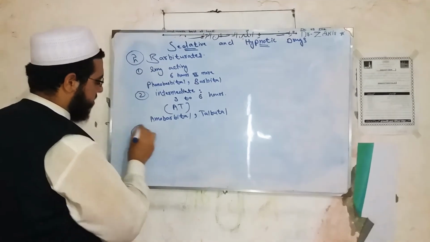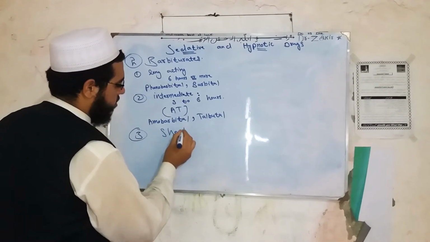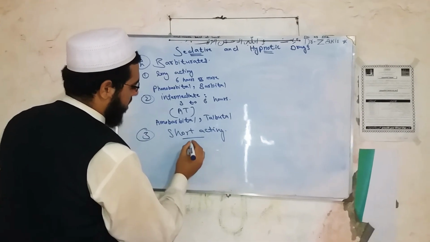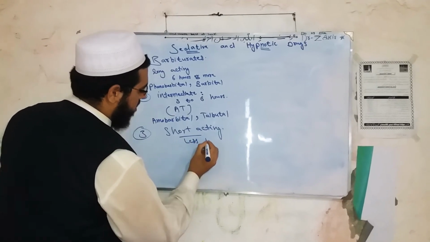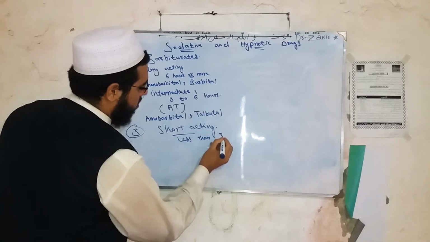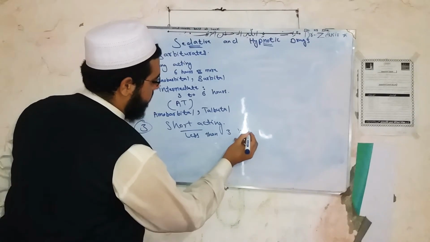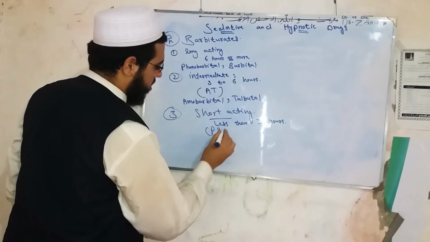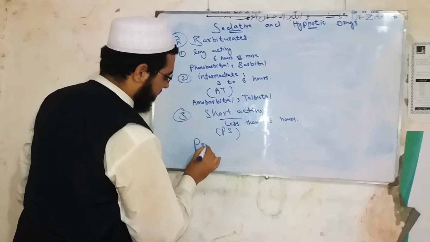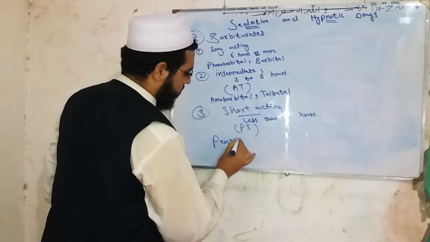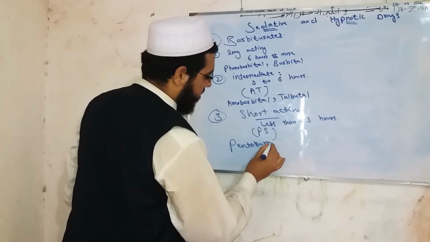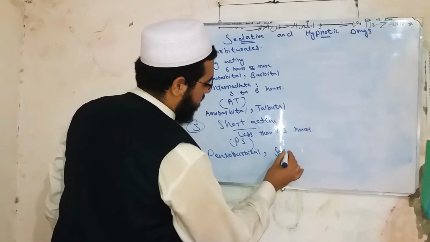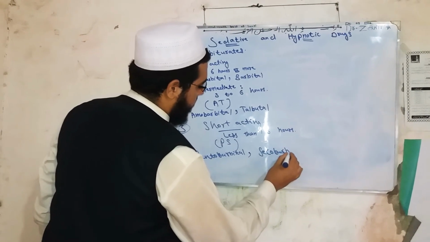And the third one is short acting. Their duration of action is less than 3 hours. The drugs included are PS. From P, pentobarbital, from S, secobarbital.